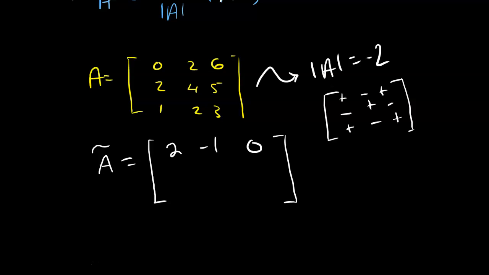In the second row of the first column, this 2, if I were to cross out its row and column, I would have left these 2 elements and these 2. So that would give me 2 times 3 minus 2 times 6. So that would be, in this case, 2 times 3 is 6 minus 12, so -6. But pay attention where we're at. We're right here. So we're actually going to take the negative version of this.